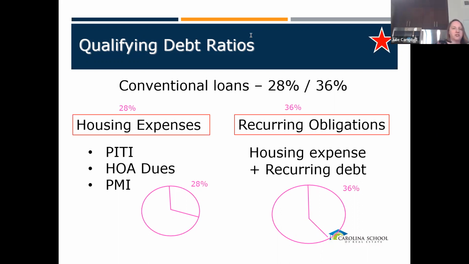They put restrictions on the qualifying ratios, the 28 and 36%, because they figure that's a good piece to start with. If you're putting 28% just in your housing expenses, that only leaves you with the rest to do everything else. If you're putting 36% in your housing expenses and your reoccurring debt, that leaves you the rest of your income to go to the grocery store, to put gas in your car, to pay your power bill.